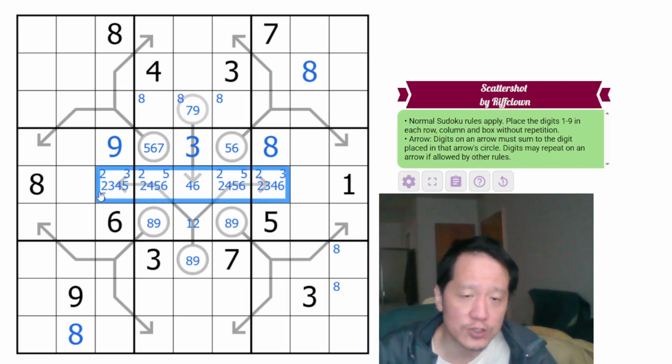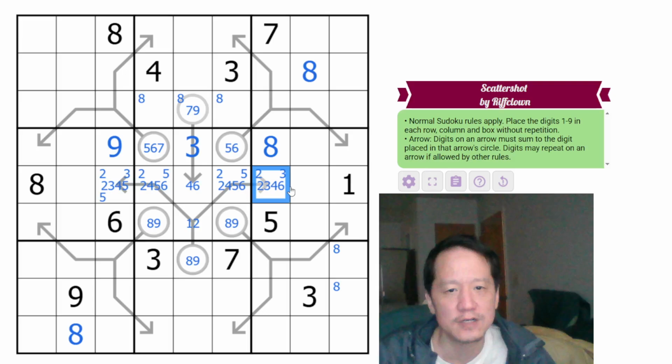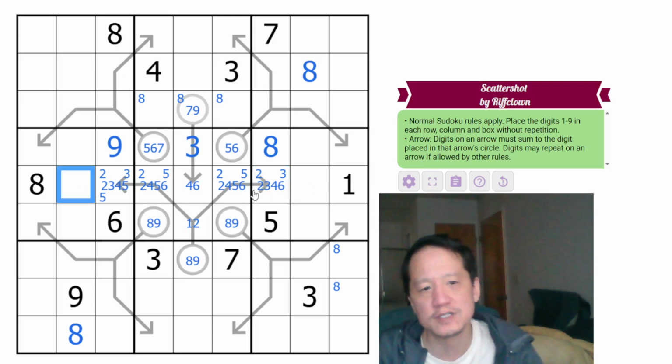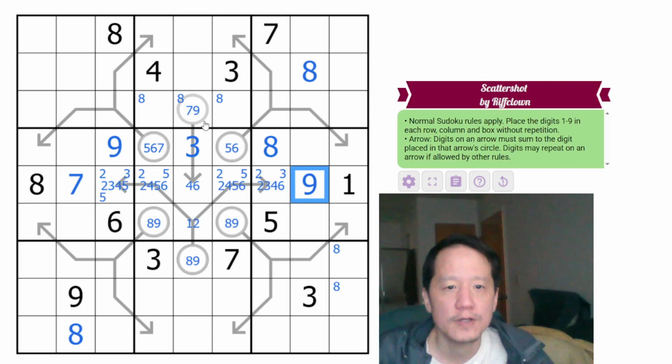Well, we now have a 2, 3, 4, 5, 6 quintuplet in row 5, which eliminates 2, 3, 4, 5, and 6 from the rest of the row. Therefore, this is 7 or 9, can't be 9, so it must be 7, which makes this a 9. This is 3.